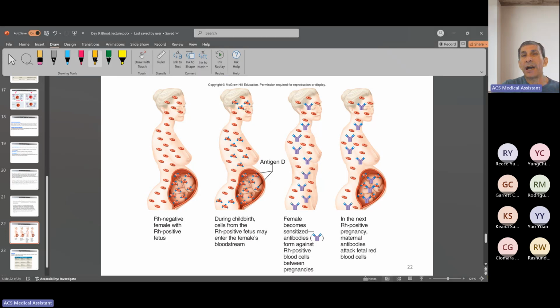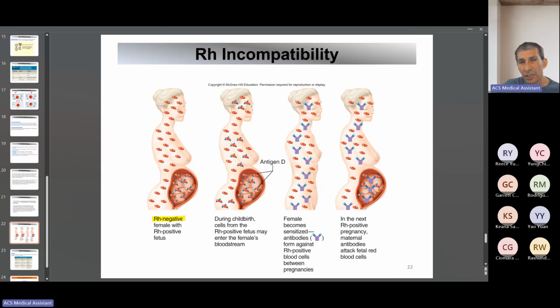Remember, if you are positive, do not worry. If your blood type is positive, regardless of what blood type you have, you have no problems as you would if you are negative. So right here, see the first: Rh negative female with an Rh positive fetus, meaning the Rh positive came from the father, not from you.